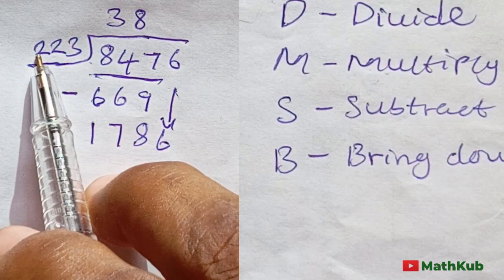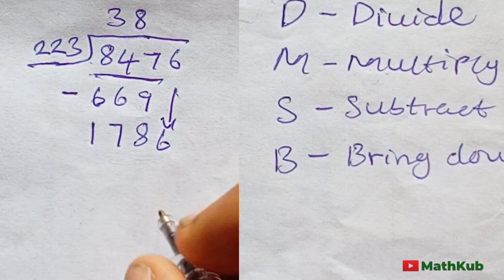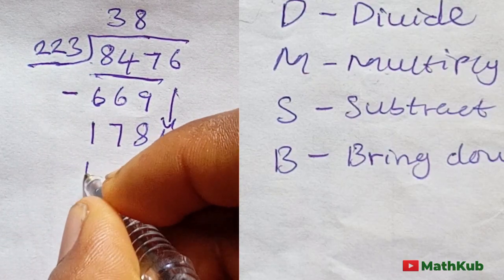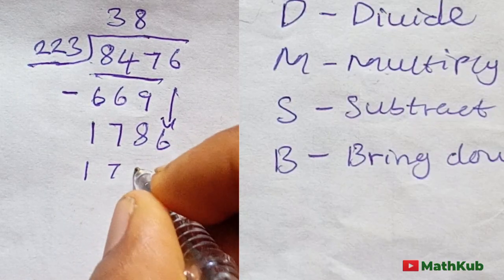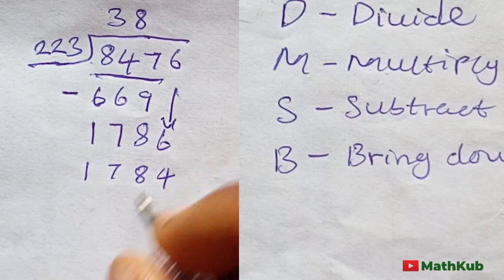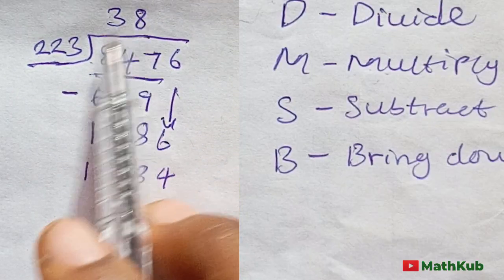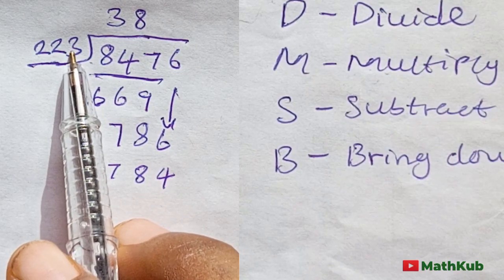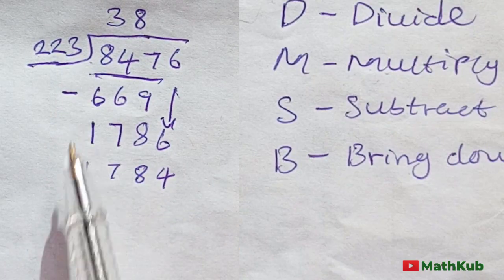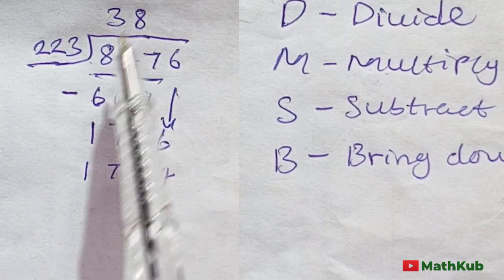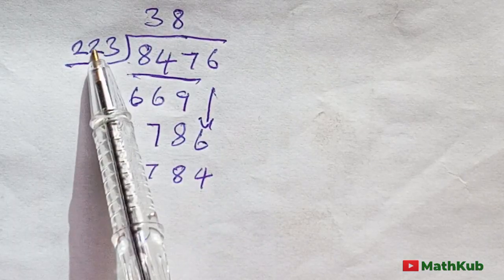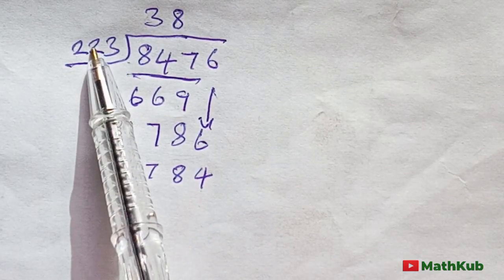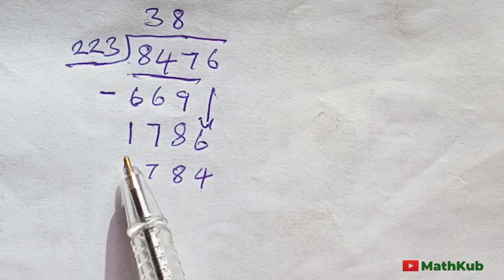8 times 223 is what? 1784. Look at this. 8 times 3 is 24. You write 4 and carry 2. 8 times 2 is 16 plus that 2, 18.